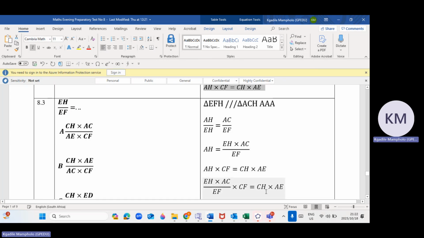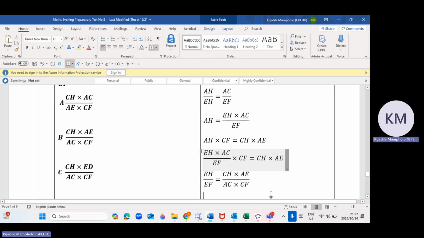CF is still this one, CH is still this one. Because now we want EH over EF, you will take this 2 to the denominator this side. Then EH over EF will be CH times AE divided by AC times CF.